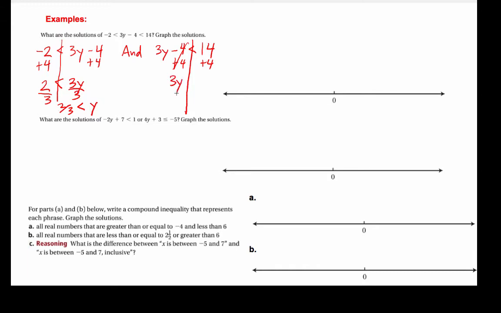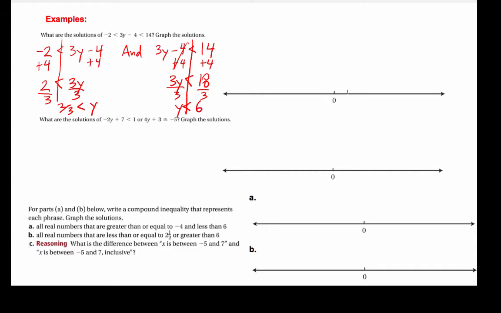That gives us 3y on the left. This gives us 18 on the right, 14 plus 4. Divide by 3. Y is less than 6. So our solutions here have to be greater than 2/3 and they have to be less than 6.